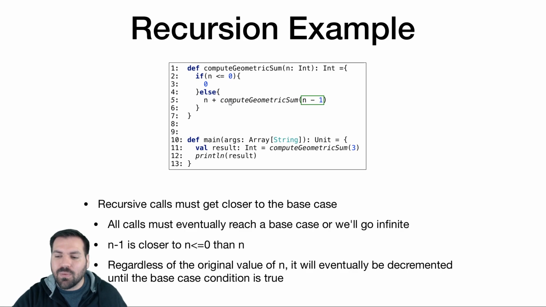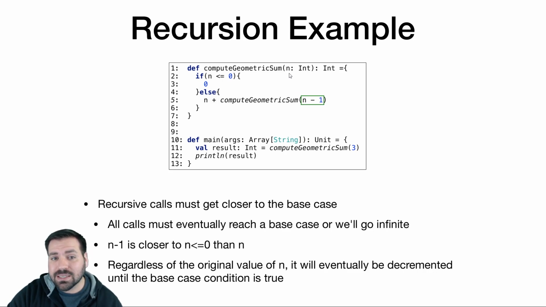So I just have to think of the one step that I need to be able to turn this recursive call that gets closer to the base case into the complete solution, which is if this is correctly the geometric sum of n minus 1, guess what I got to add to that to get the geometric sum of n, or the sum from 0 to n? I'm just going to add n to it and return that. So my logic is sound under the assumption that this call is going to return the correct value. And the key to that is always getting closer to the base case.